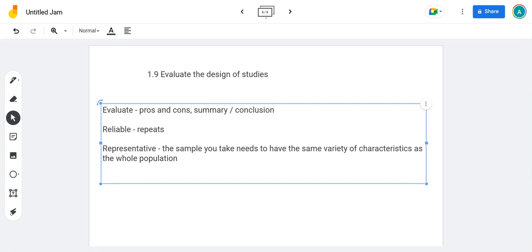You need to have the same variety of characteristics in your sample as you would in the whole population, and the word for that is representative. If your sample is not representative, then we say it is biased.